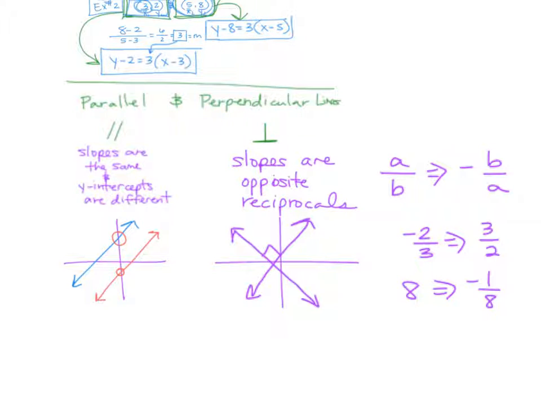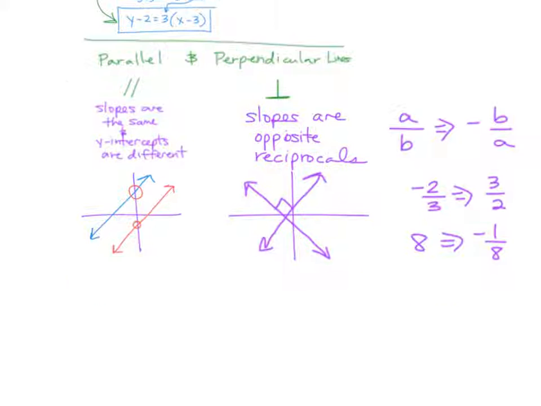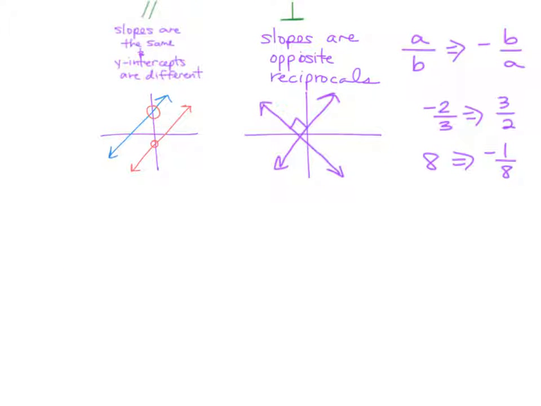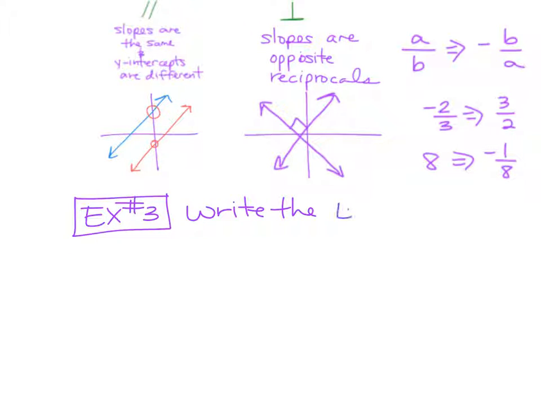All right. So then you're going to have to write this point slope form in slope intercept form. So let me give you a couple problems here. It'll say, write the equation of the line in slope intercept form.